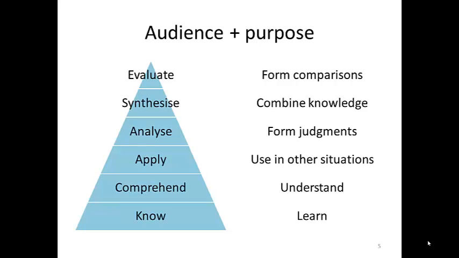So once you've got your audience and your purpose thought about, have you seen this sort of pyramid of understanding before? Familiar with this? Basically, you get some keywords stuck on top of this pyramid, and they are sort of translated into other keywords on the right-hand side. But at the bottom, knowledge, basic knowledge. Once you get a kind of fundamental understanding of what something is, the comprehension comes after the basic facts.